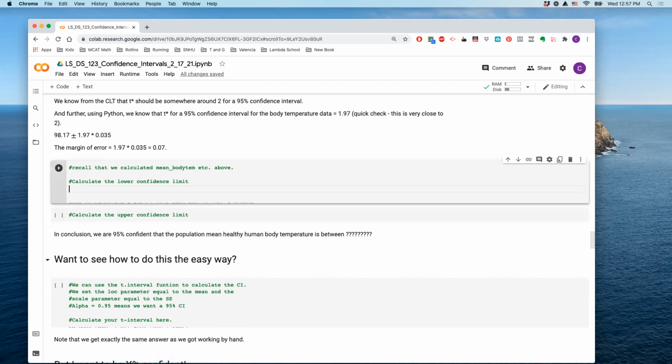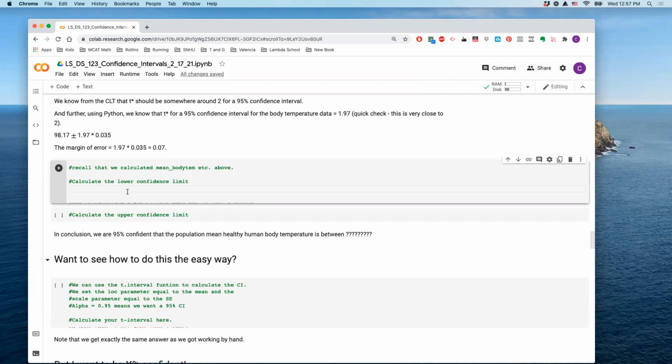All right, so we can use these numbers. The plus and minus just means we're going to take 98.17 and subtract off this quantity. And then to get the upper end of the confidence interval, we're going to take 98.17 plus 0.07.